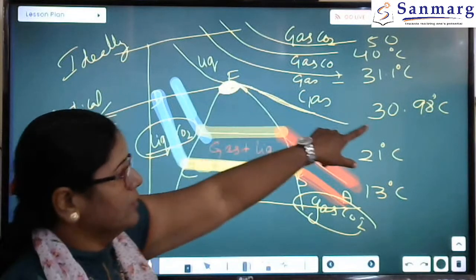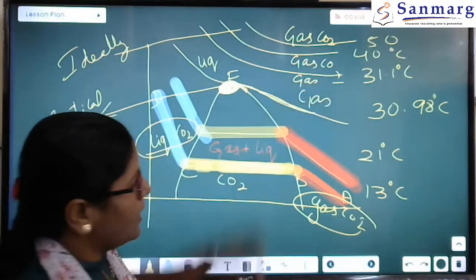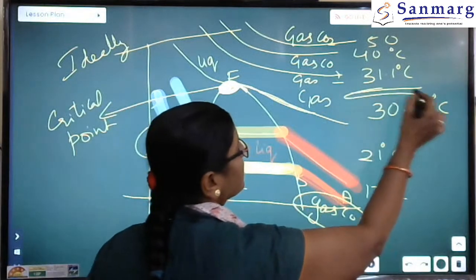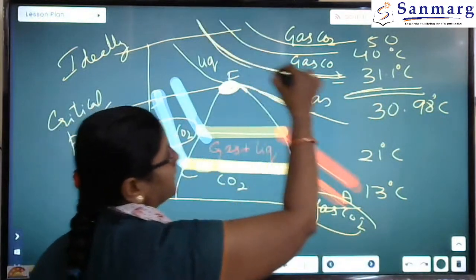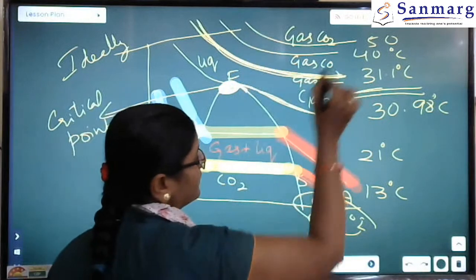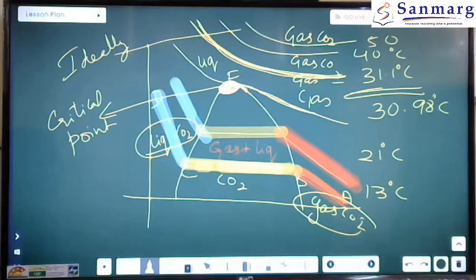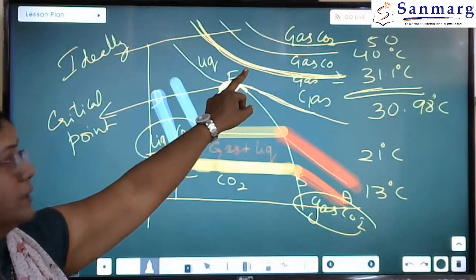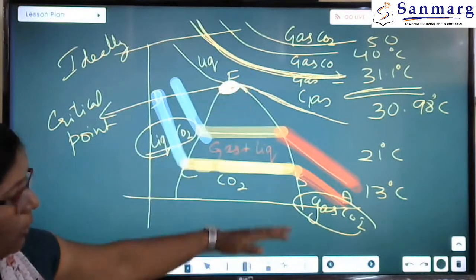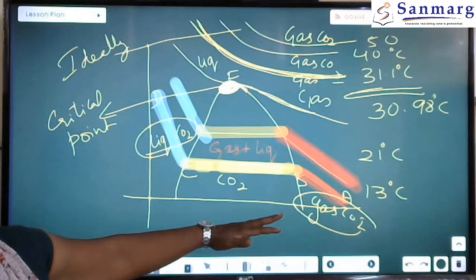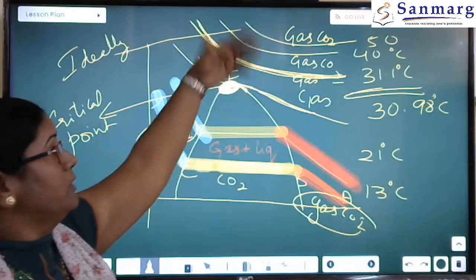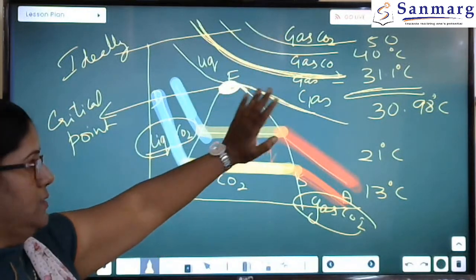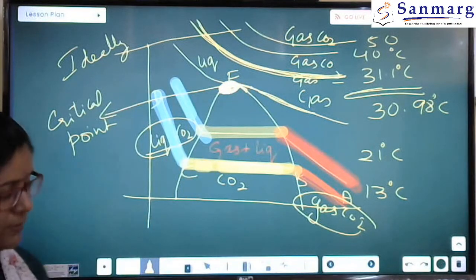Above this temperature, 30.98 or 31 degrees Celsius, you see only gas, no liquid carbon dioxide. So this temperature is called the critical temperature. Below it liquid carbon dioxide exists; above it, it does not exist.